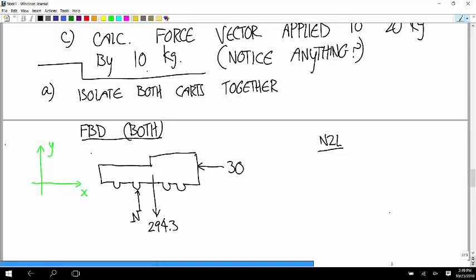So in component form, that's 0, N. The weight force is in the negative y direction. So in components, that's 0, negative 294.3. And then the 30 Newton force is in the negative x direction. And so in components, that's negative 30, 0.